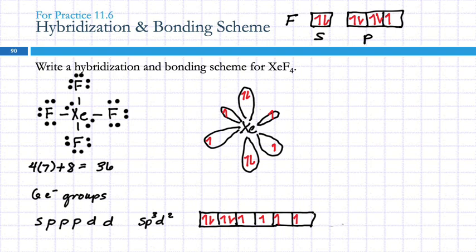So each fluorine has 1 half-filled p orbital, and that's what it's going to overlap with these hybrid orbitals. So let's maybe make fluorine purple. So fluorine has a p orbital with 1 electron in it, and these are going to overlap.